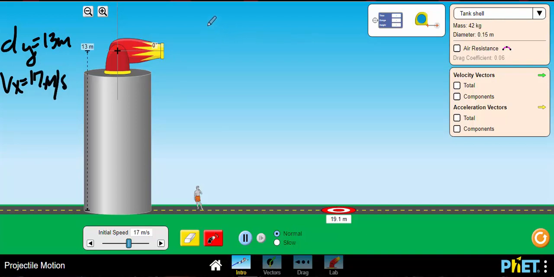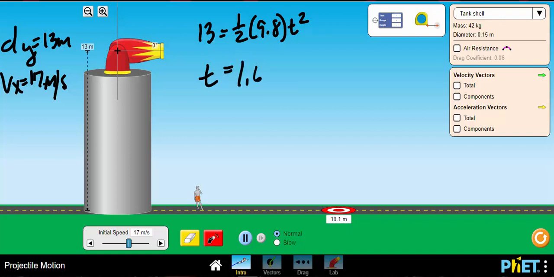So once again, first thing I'm going to do is find time. So 13 is equal to 1/2 times 9.8 times t squared. So my time, after I do my calculations, is 1.68 seconds.